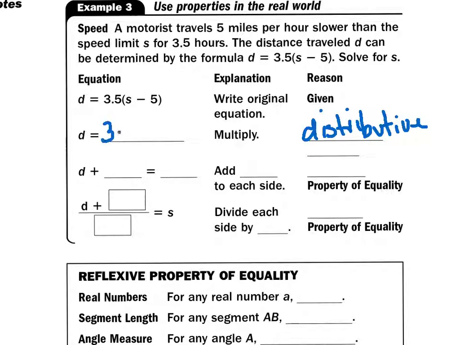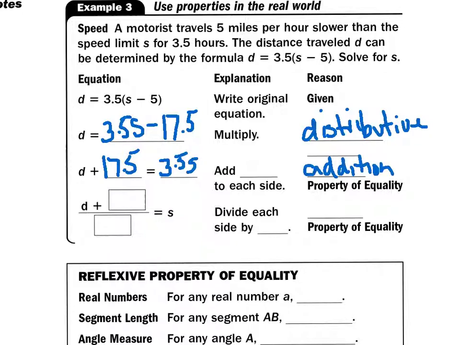So 3.5s minus 17.5. Now we need to get s by itself, so we need to add the 17.5 to both sides. And that is the addition property.